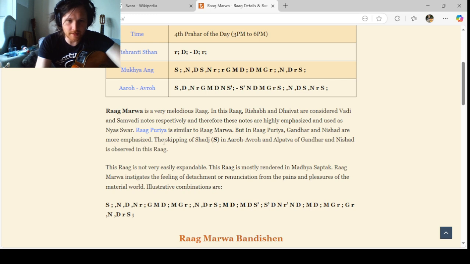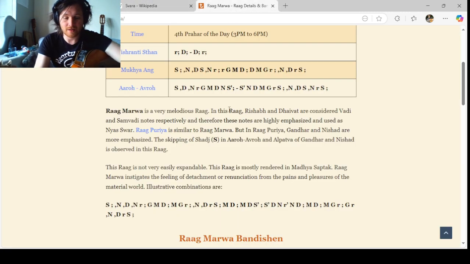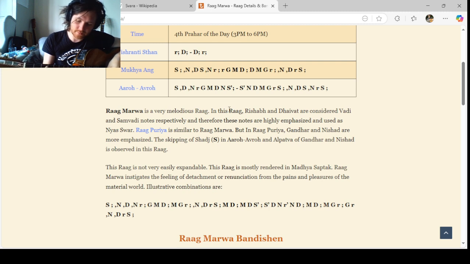Okay, sorry, I did miss this. The skipping of Shaj, which is, yeah, our first one, C. Skipping of C. That's quite cool, isn't it? Just never getting back to the root.